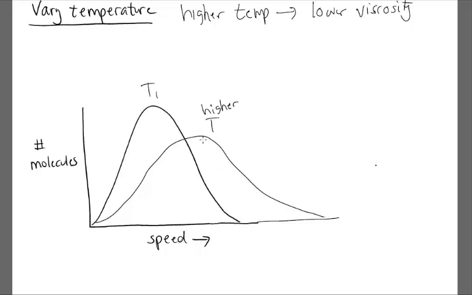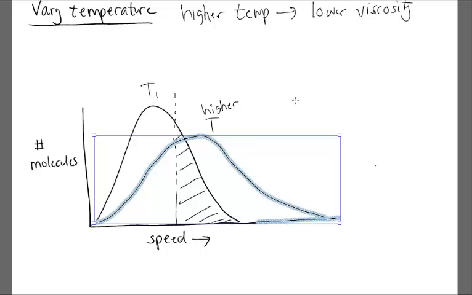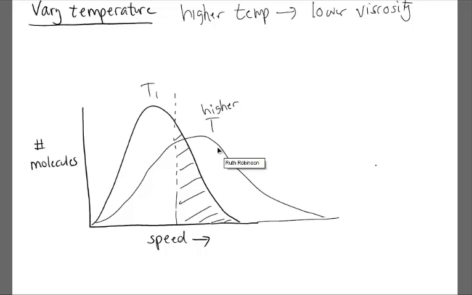And again, you can look at some speed of molecules that you want, and for the first temperature, you're going to have this many molecules that can exceed that speed and flow. But as you raise the temperature, you greatly increase the number of molecules that can do that. So you get more and more molecules that can flow more readily as you increase the temperature.